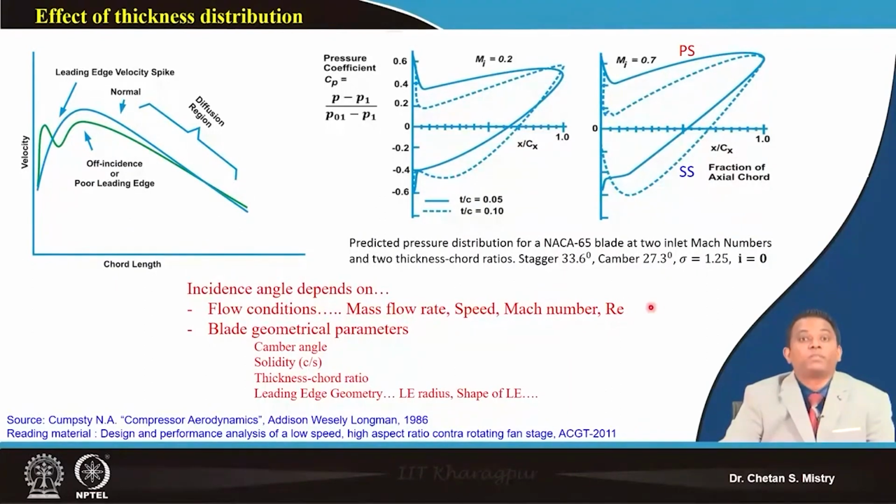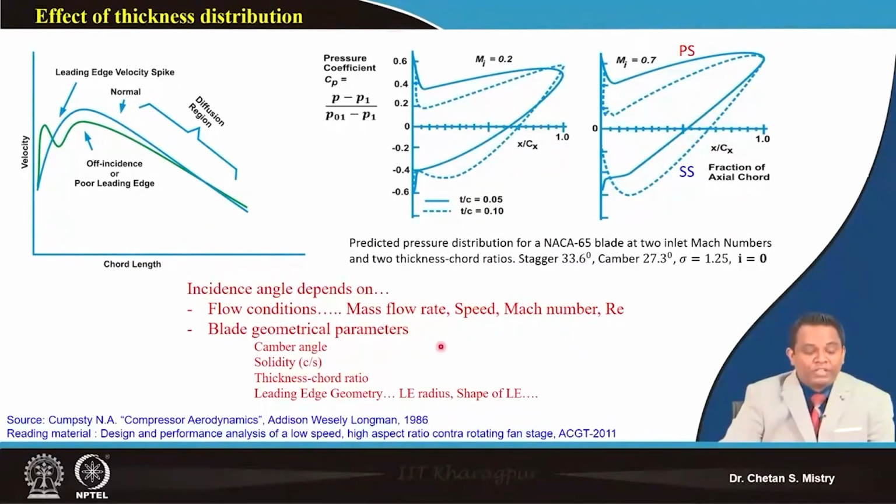This Reynolds number is very important; here we are calculating our Reynolds number based on the chord. How my flow behaves on my suction surface and on my pressure surface basically gives us an idea of what is happening in the diffusion process.